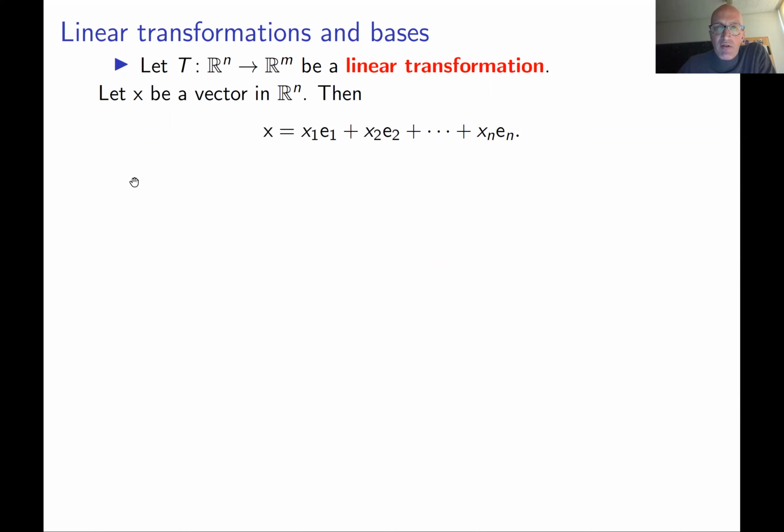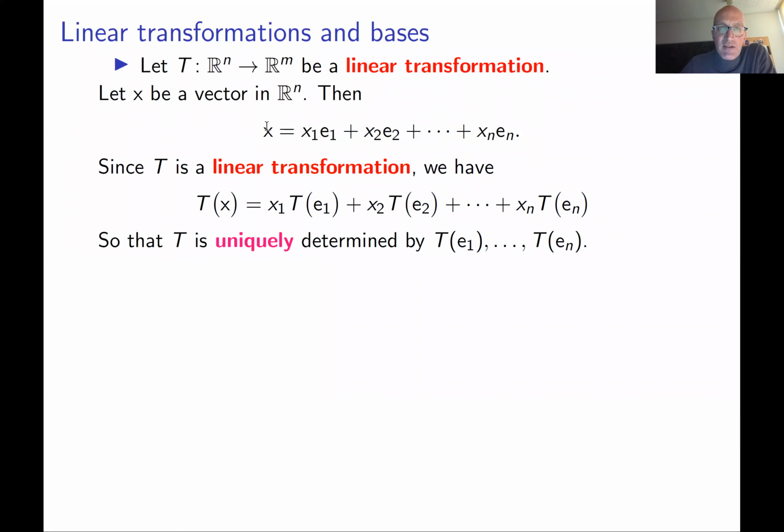Now, if you apply T to x and use the property of linear transformations, the sum goes to sum, and if you scale the vector, you can put the scaling factor outside of your function.